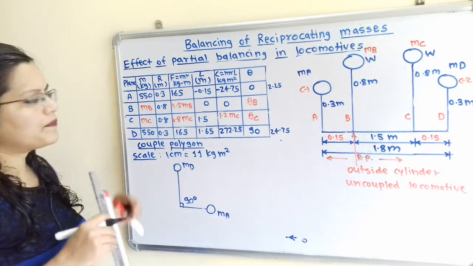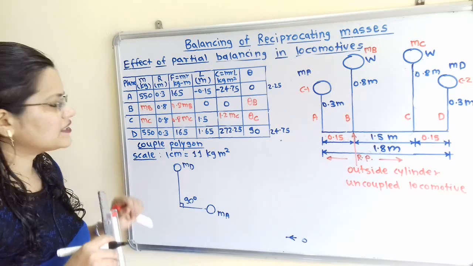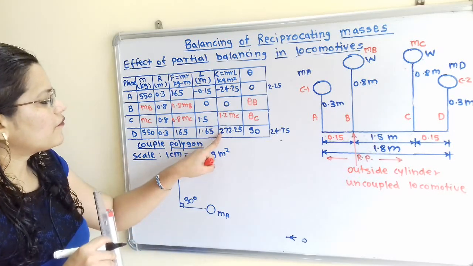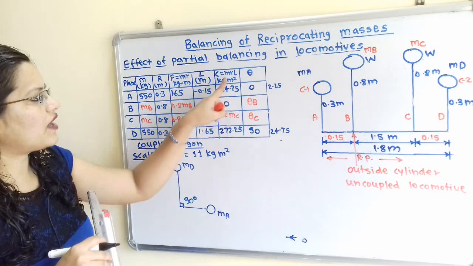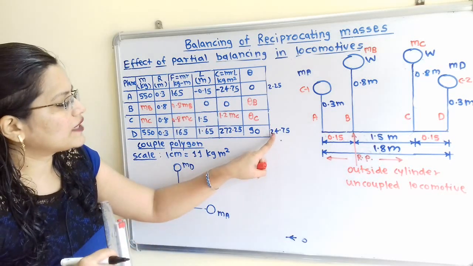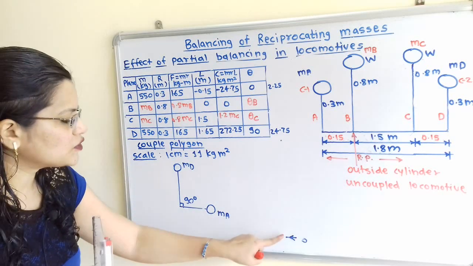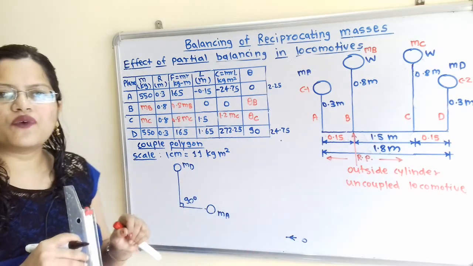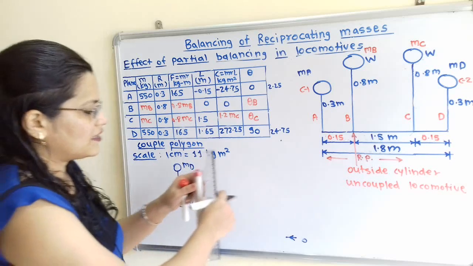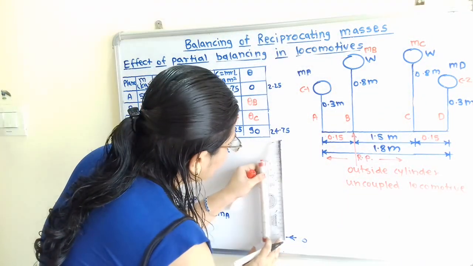Now again at plane D, if we observe, it is at 90 degrees. So for the 272.25 couple value we have to take scale 24.75 centimeter. For this horizontal line we will draw one vertical line at 90 degrees, that is a perpendicular line.